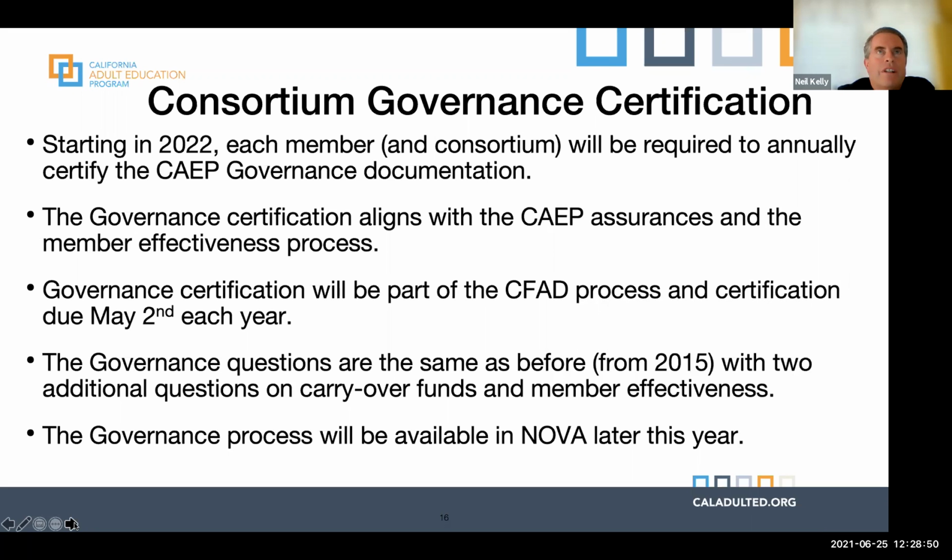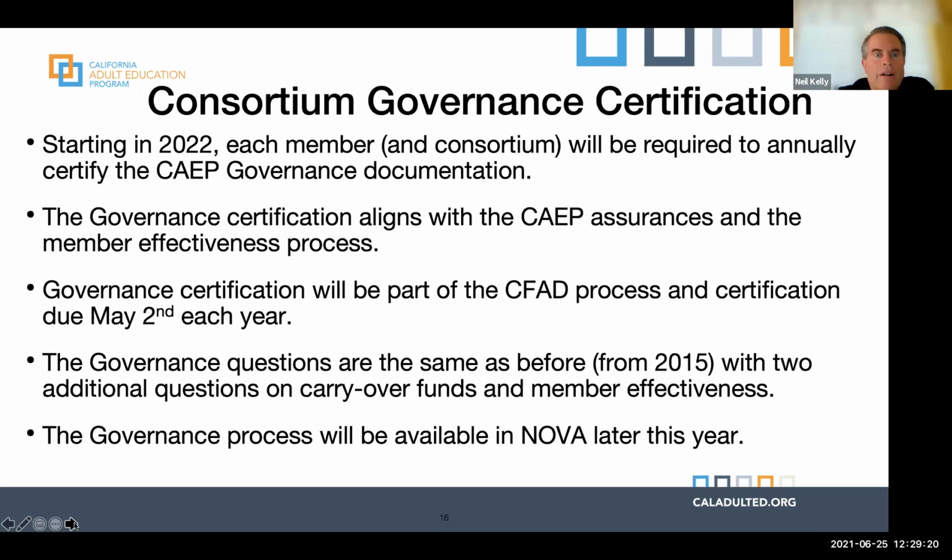So you'd have to go in and answer the questions in the governance document and post it in the Nova system. And that was done around 2015, 16. And we never really had it updated. Some consortia voluntarily updated it, but it wasn't a standard practice. And we realized, things change in consortia and governance needs to be updated on a regular basis.